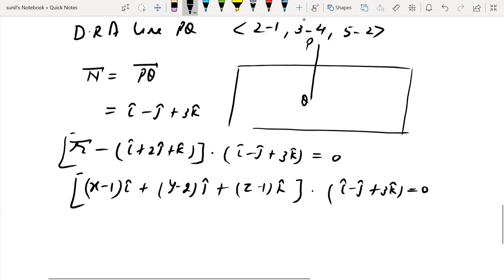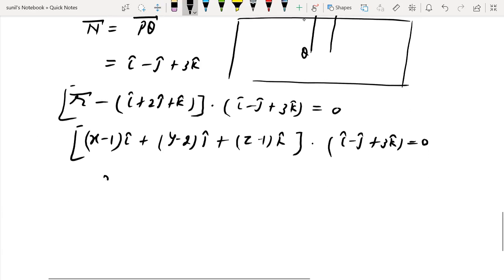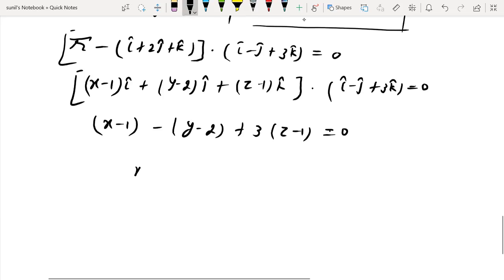Now the plane is perpendicular, it means this line PQ is along the normal. Both will be parallel, so I have taken the same direction. Okay, now we can write this as simply (x minus 1) minus (y minus 2) plus 3 times (z minus 1) equal to 0, which simplifies to x minus y plus 3z equal to 2.